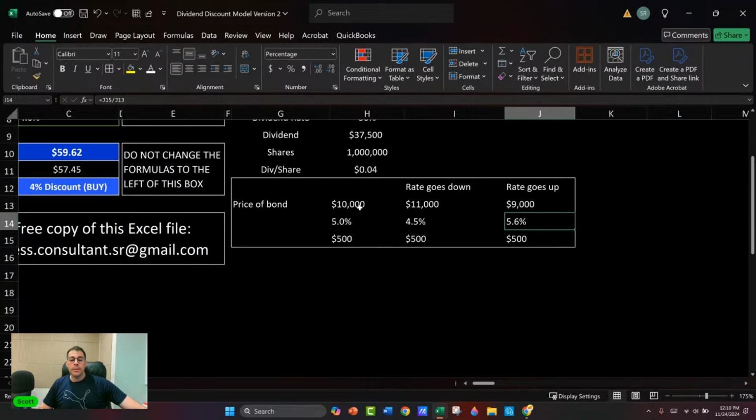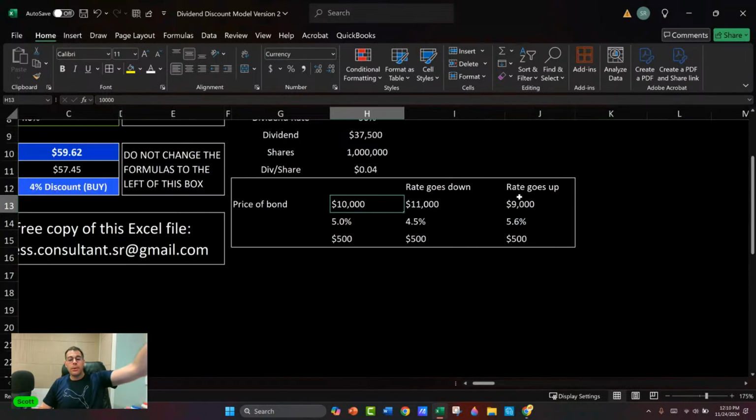You would never sell the bond for $10,000. If rates go up a lot, no one would want your bond, because why would they pay $10,000 for a 5% bond when the market is offering a 5.6% return on the same exact bond? So that's why you have to sell it for $9,000 to somebody, and they would get a 5.6% return.